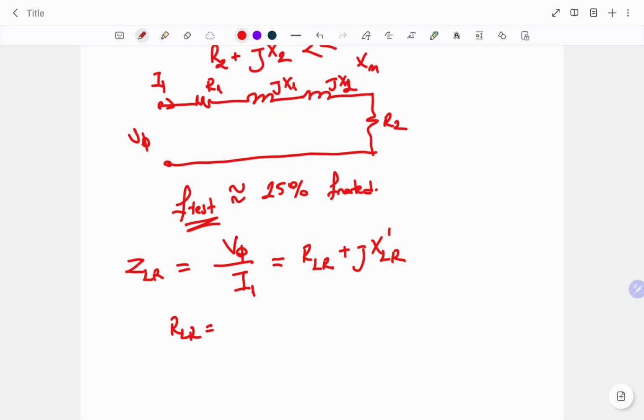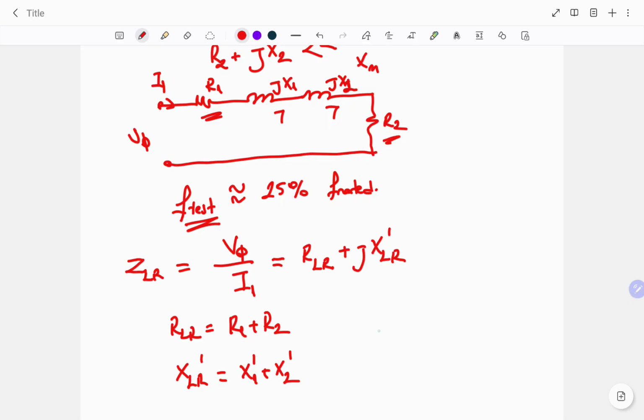According to our circuit, we have two resistances, which are R1 and R2. For the X locked-rotor prime, according to the equivalent circuit, we have X1 and X2. And these also must be prime because of the frequency conversion. What about the actual value?